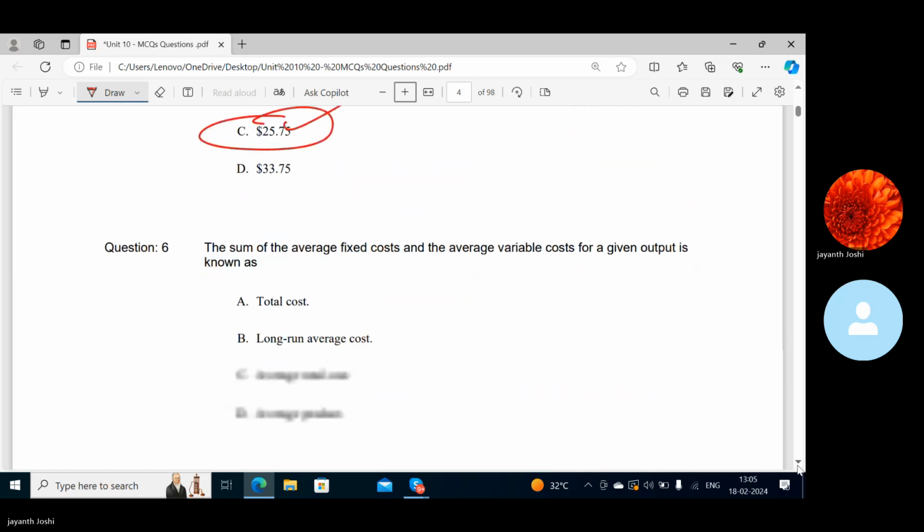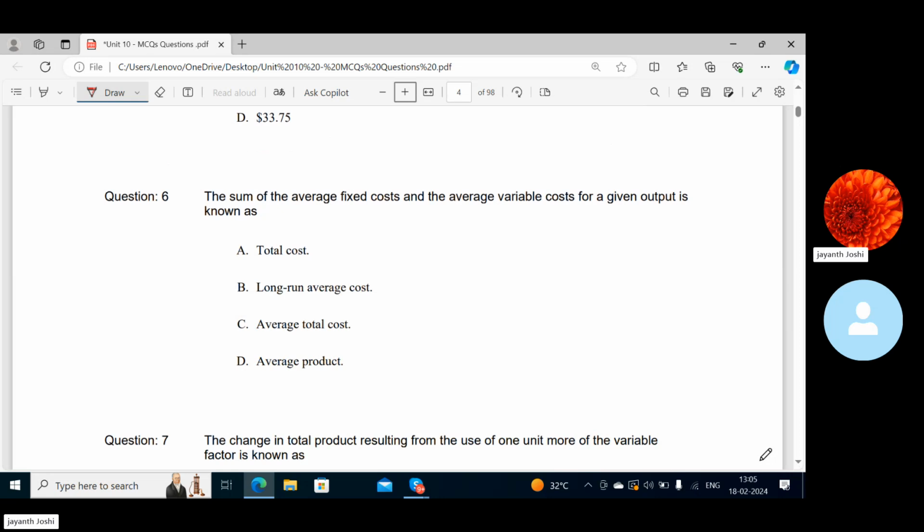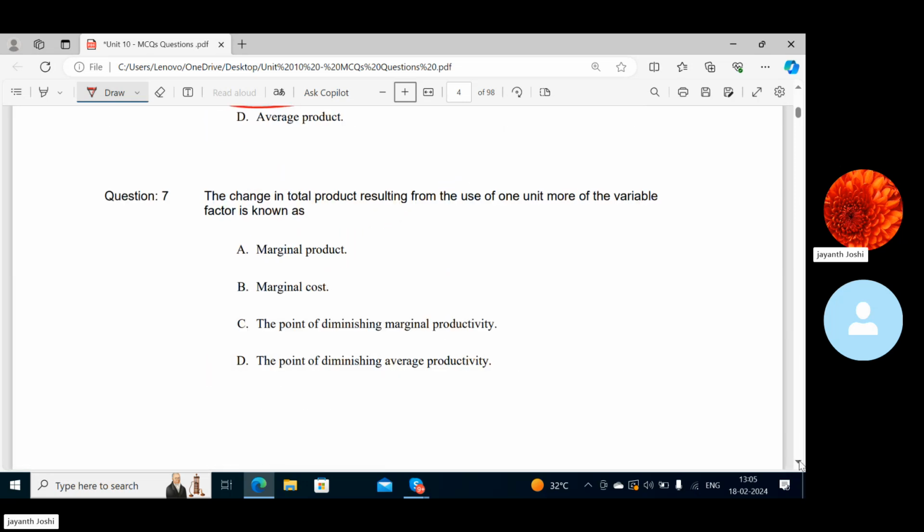Next, sixth question. The sum of average fixed cost and average variable cost for a given output is known as average total cost. Seventh one. The change in total product resulting from the use of 1 unit more of variable factor is known as marginal product.